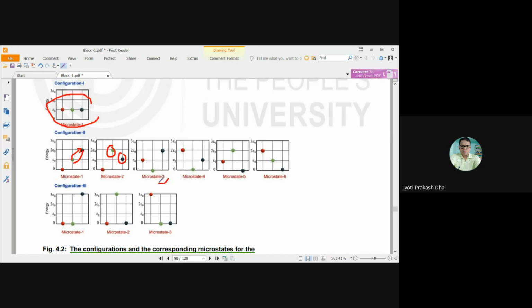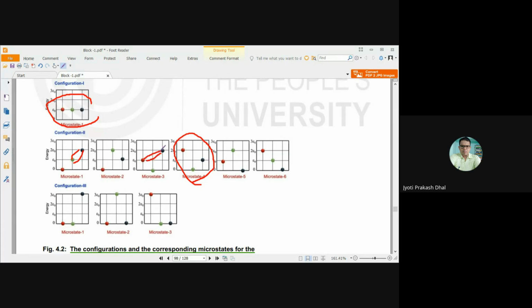And for the third microstate, green will be placed in 0 energy level, red will be placed in epsilon 0 energy level, blue will be placed in 2 epsilon 0 energy level. So the total energy will become 3 epsilon 0. For the fourth microstate, green will be placed in 0 energy level, just exchange.